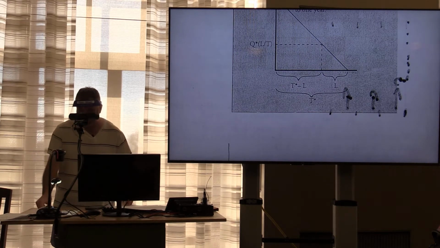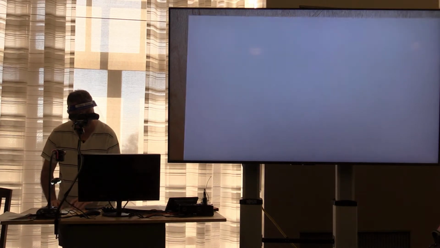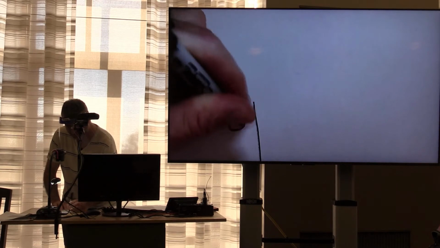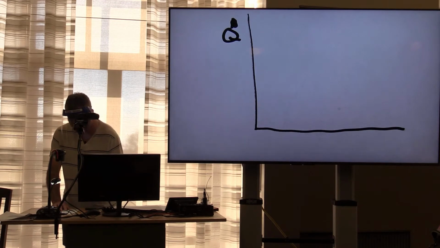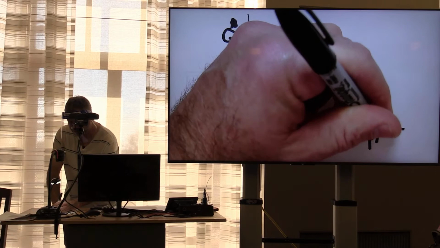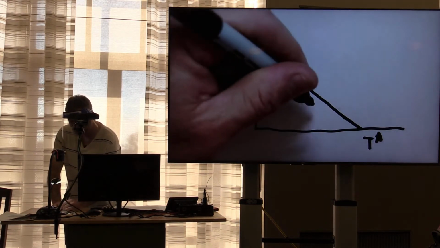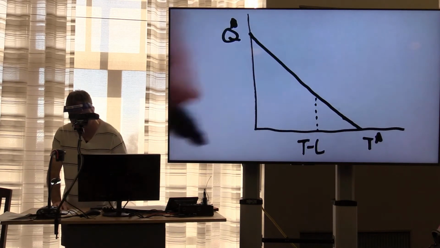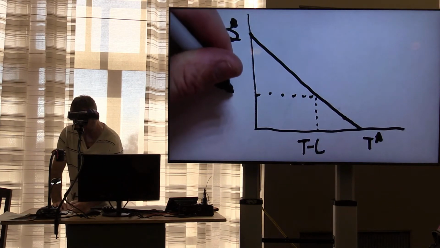Suppose we've got this system where every time we order, we're ordering Q star amounts, and we know that we're going to run out at time T. And we know we need to reorder at time T minus L, and we need to know at what level that is.